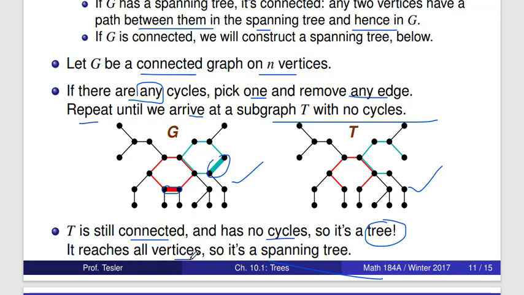So from any graph, if we remove edges from the cycles and make a new subgraph that has no cycle and reaches all vertices, it's called a spanning tree. We just have to make sure that we can transform the graph into a tree. Let's take that we have removed these edges, and then these edges. We can make it like this.